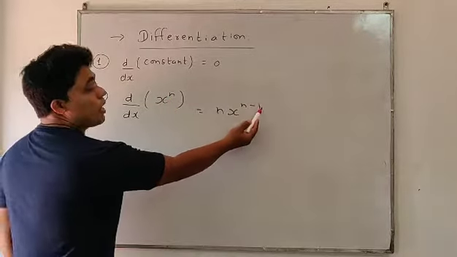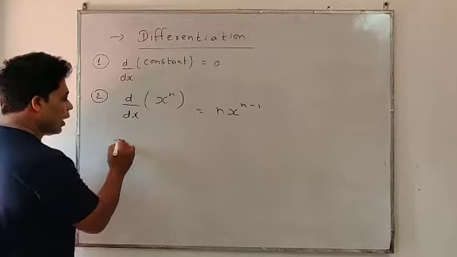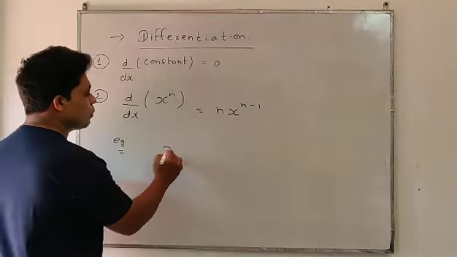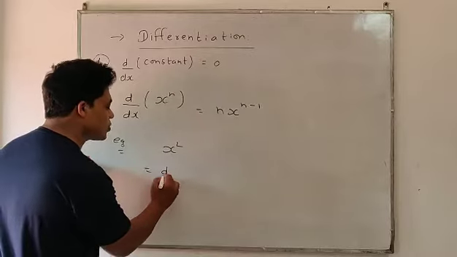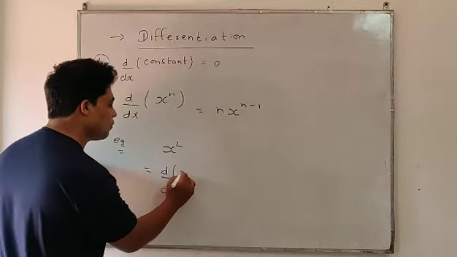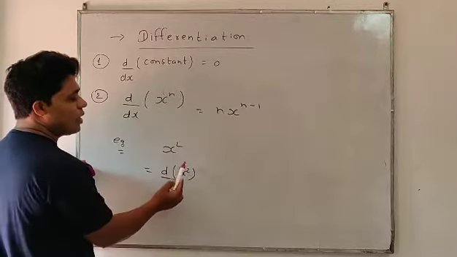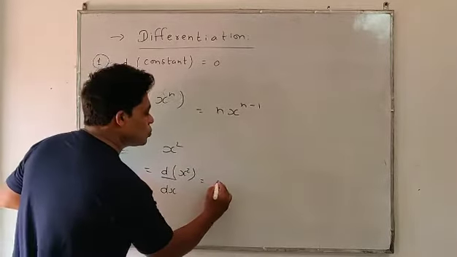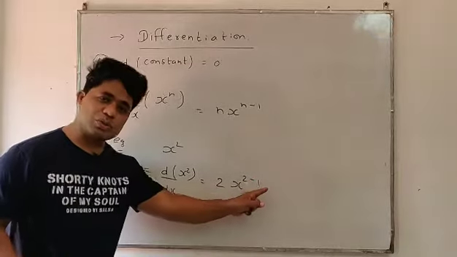I will give an example. Suppose you have to differentiate x square. First of all, write d by dx of x square. Now compare both. Instead of n, we have 2. So 2x power 2 minus 1.